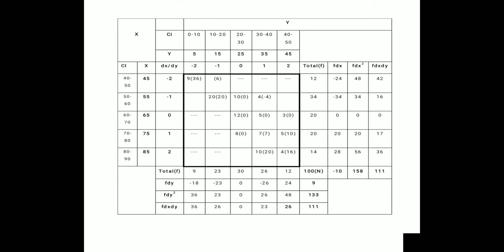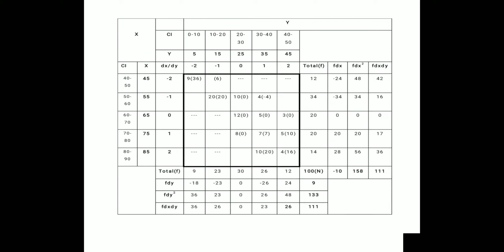Now we have got almost all the values which are required for the calculation, and the last step is to compute f into dx into dy. That is, we should compute f dx dy for each cell within the bold lines. So let us compute f dx dy of the first cornered cell, where the frequency is 9.